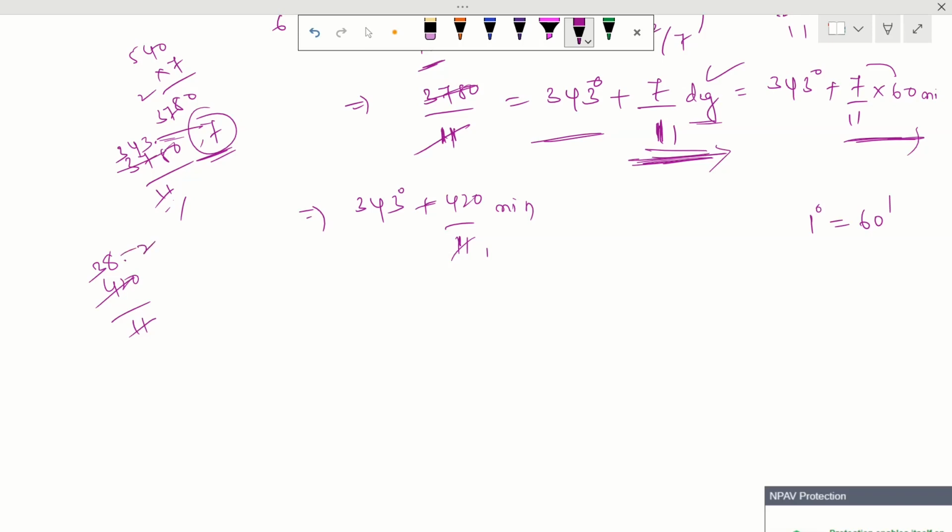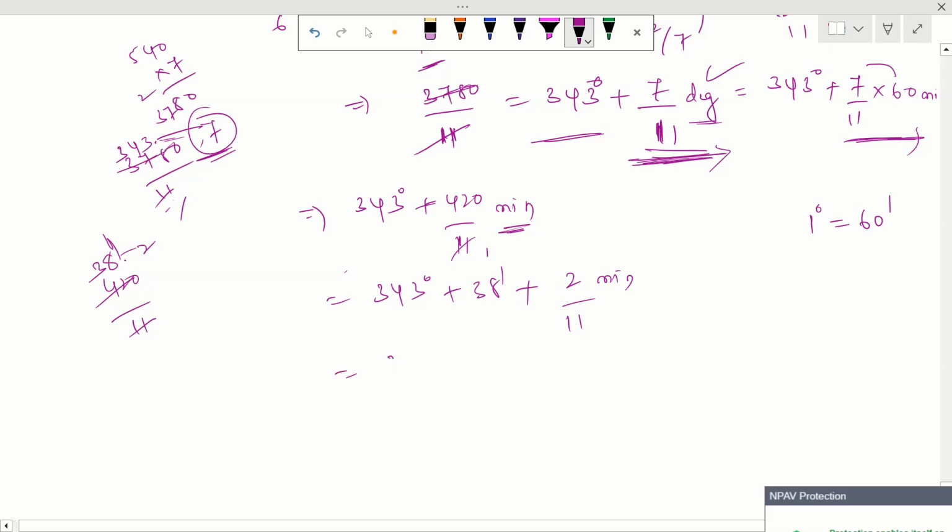So this is 343 degree, 38 minute, and 2 remains, so 2 by 11. This 2 by 11 is in minutes.